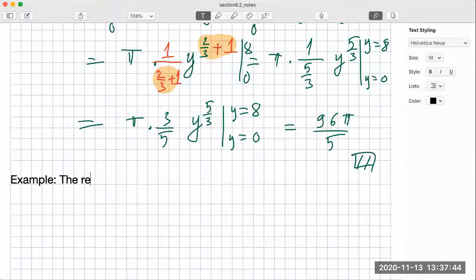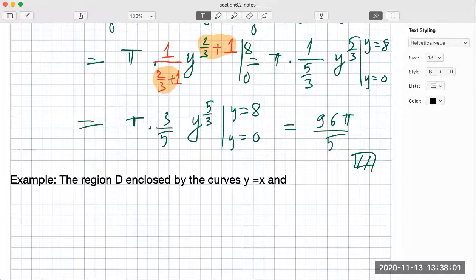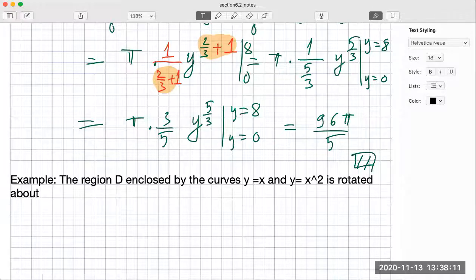The region R, or let us call it D, enclosed by the curves y equal to x and y equal to x squared, is rotated about the x-axis.